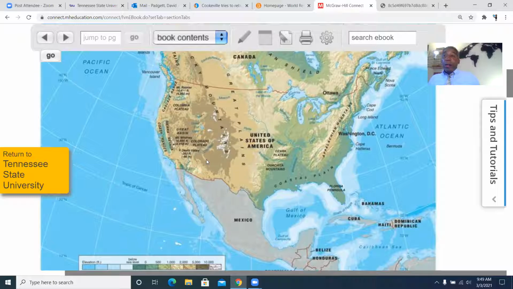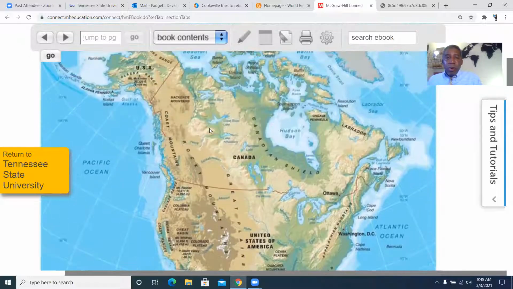You should know where those major rivers are, along with, you should know where the Gulf of Mexico is. I'm not going to ask you about any rivers or lakes that aren't labeled on this map. So don't worry about that. But you should at least know these major ones.